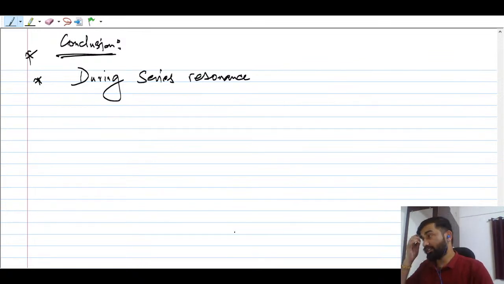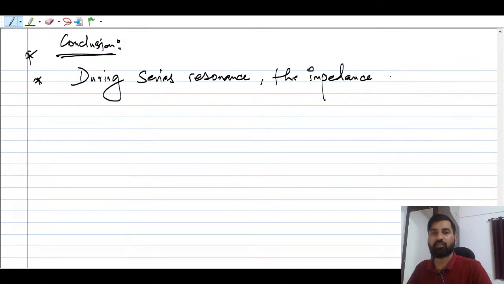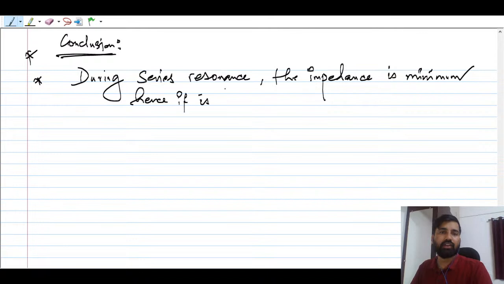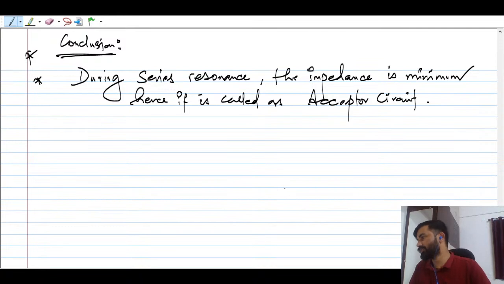During series resonance, the net impedance is minimum, not maximum. Remember, it is minimum because the current will be maximum. Hence it is called an acceptor circuit. Please remember, we call it the acceptor circuit.